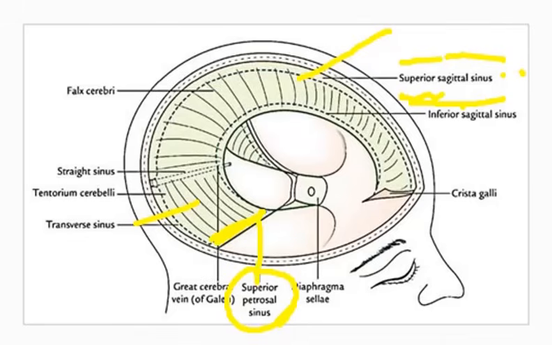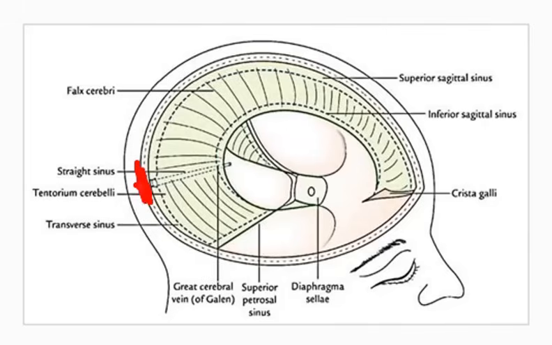The superior petrosal sinus is running right there along the attachment point of the tentorium cerebelli. And even down here too, there is a straight sinus associated with the meeting point of the falx cerebri with the tentorium cerebelli.